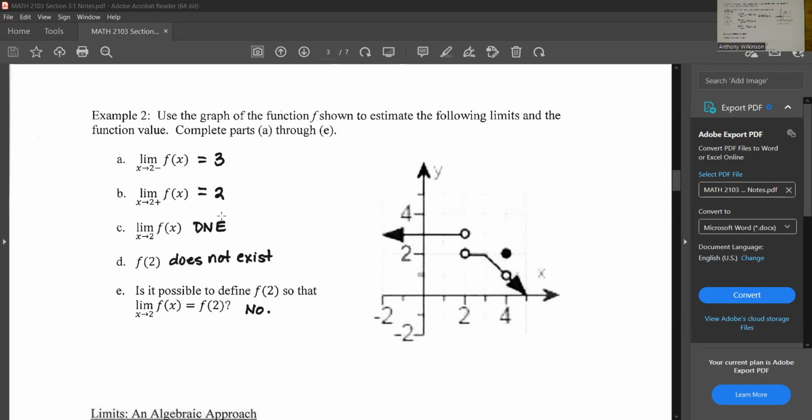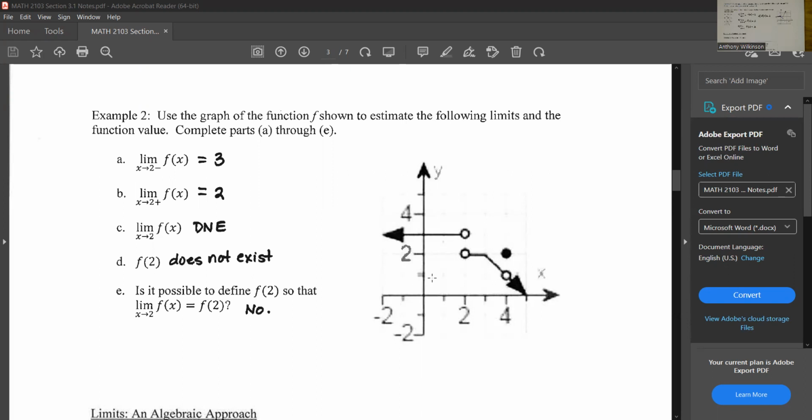The reason is that the limit as x approaches 2 from the left came out to be 3, and the limit as x approaches 2 from the right came out to be 2. That means these limits are going to 2 different values, so your limit as x approaches 2 itself does not exist. And we use the letters DNE to indicate does not exist.